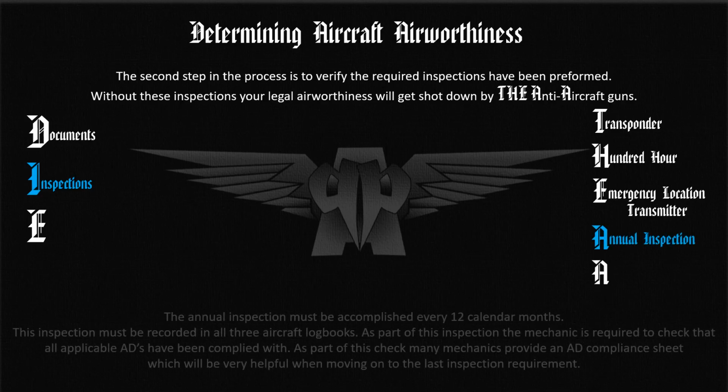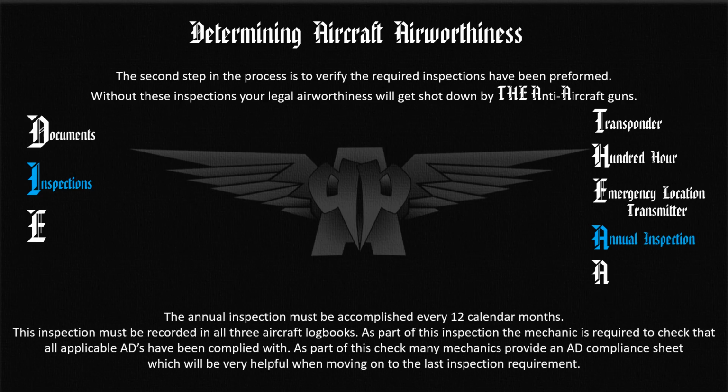The annual inspection must be accomplished every 12 calendar months. This inspection must be recorded in all three aircraft logbooks. As part of this inspection, the mechanic is required to check that all applicable airworthiness directives have been complied with. Many mechanics provide an airworthiness directive compliance sheet, which will be very helpful when moving on to the last inspection requirement.